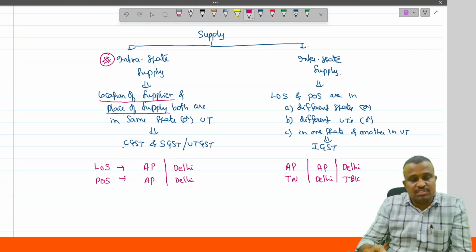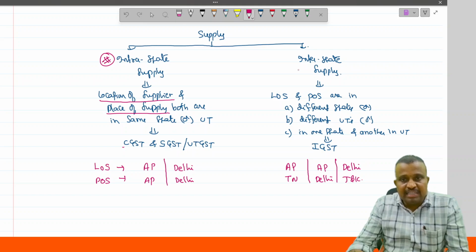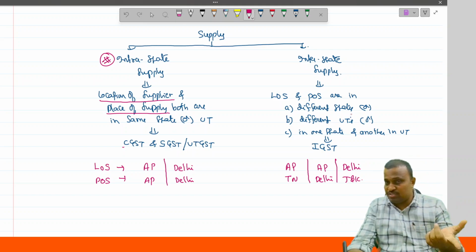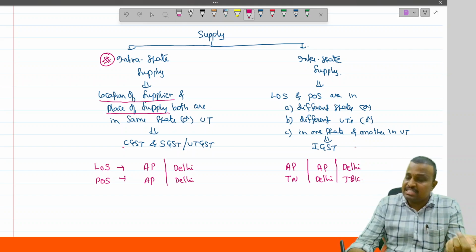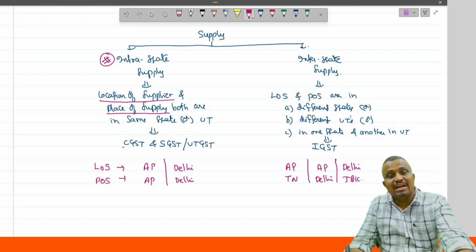CGST, SGST, or CGST and UTGST. And interstate supply, where the location of the supplier and place of supply are in different states, in different union territories, or one in a state and another in a union territory, is liable for what? IGST.